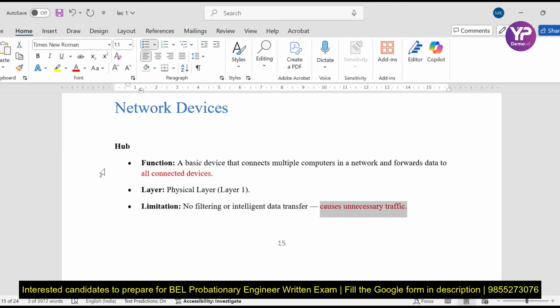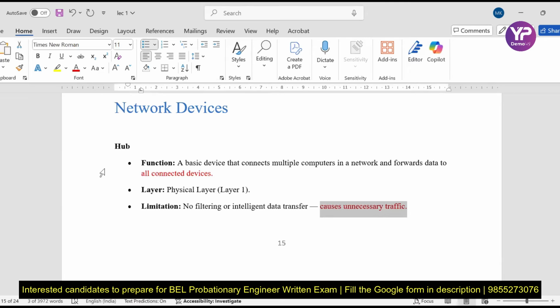Important is within a LAN. And forwards data to the intended device only, to that particular destination, using MAC address. Is it switch or bridge? Switch. Very good. Switch is the right answer.